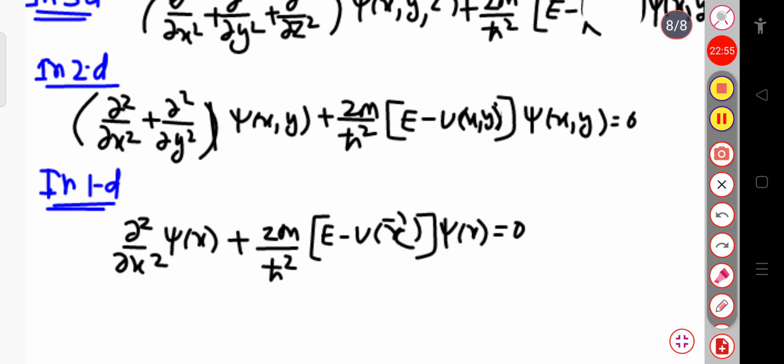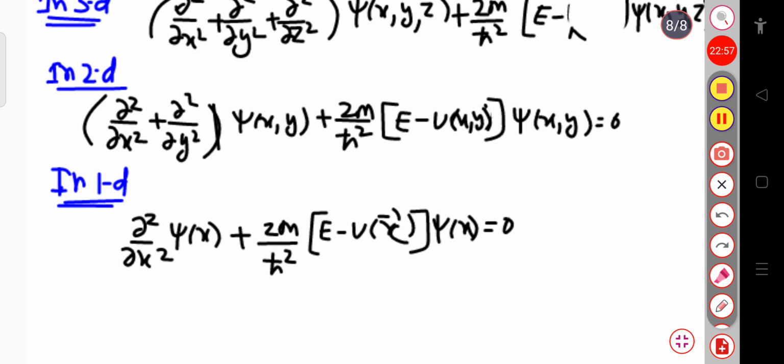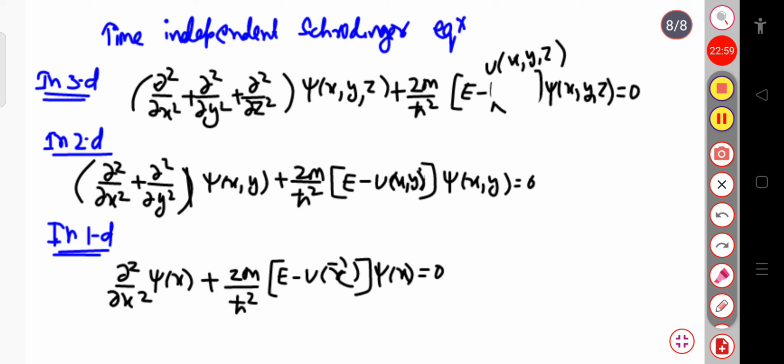So this is the time independent Schrodinger equation in 1D, 2D and 3D.